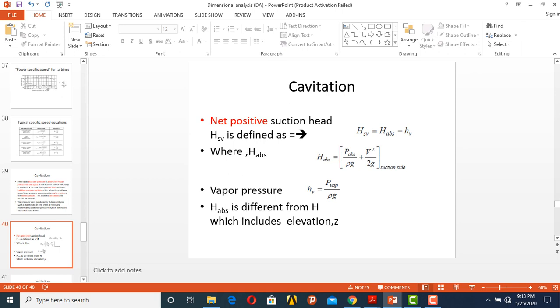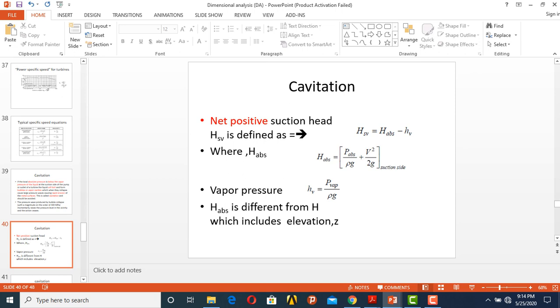So from this formula, this head is called suction vapor head.